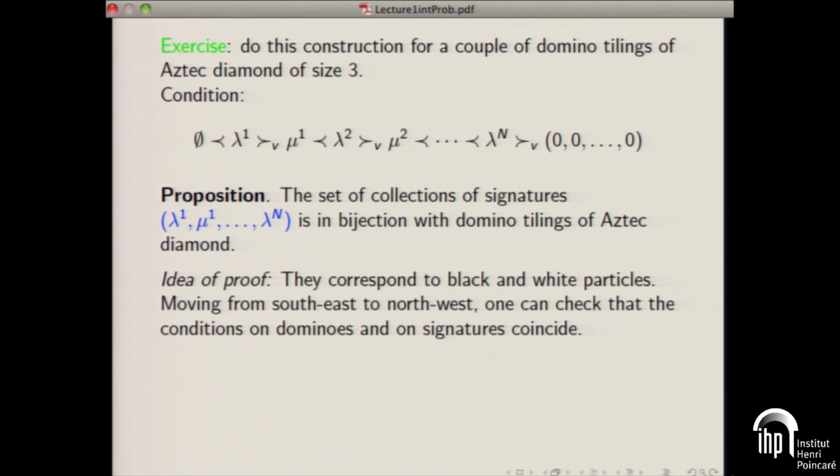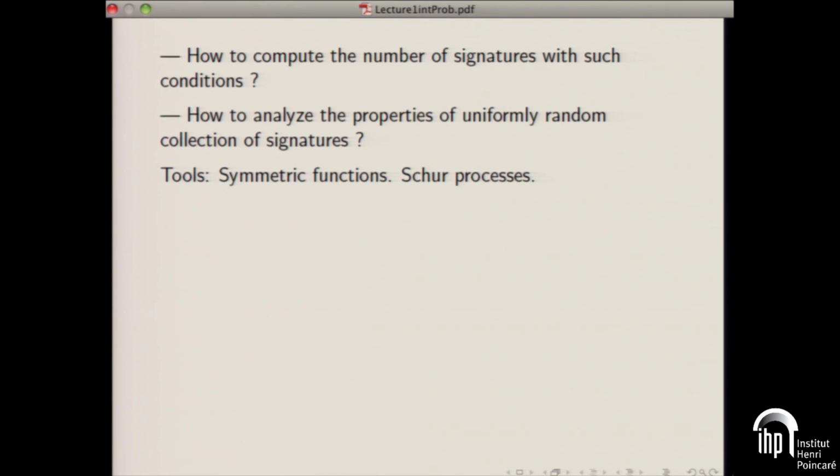So this is some basic example. I think we can go to, I don't know, the registration station and try to explain this, the Aztec diamond and dominoes, and probably there is a chance that it will go on smoothly. This is quite a basic thing, but it's non-trivial, and it will be a motivation to introduce some tools to study these interlacing conditions.